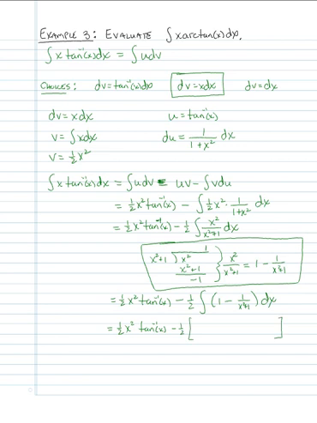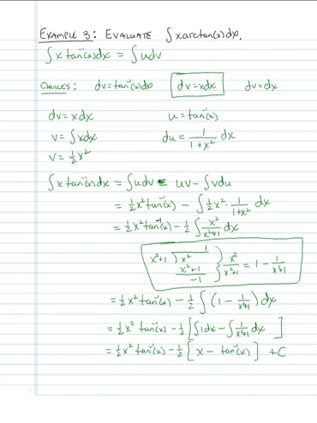We've got our minus 1/2 factor on the outside, but now we have the integral of 1 dx minus the integral of 1 over x squared plus 1 dx. The integral of 1 dx is just x, isn't it? And then we recognize the integral of 1 over x squared plus 1 is nothing more than inverse tangent of x. And finally, plus our constant of integration.